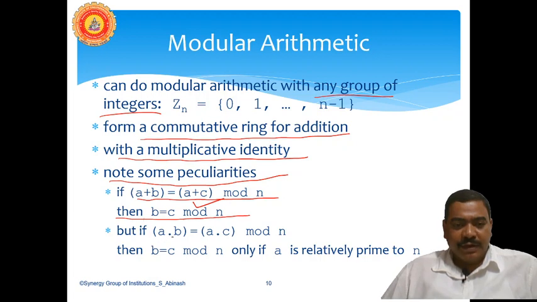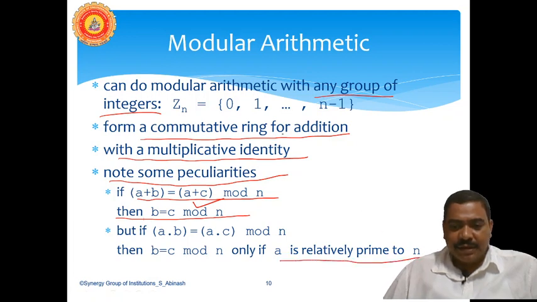But if A dot B is equal to A dot C mod n, then B is congruent to C mod n only if A is relatively prime to n. Understood? That is, if A is relatively prime to n.